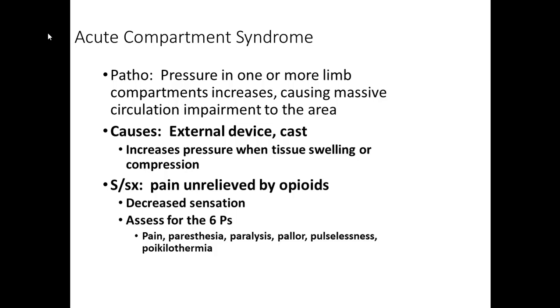There's no place for the fluid to go. So it builds up in this little bag of fascia, if you will, and it cuts off circulation. The muscle tissue, because there's no way to get blood in there, the muscle tissue actually becomes ischemic.